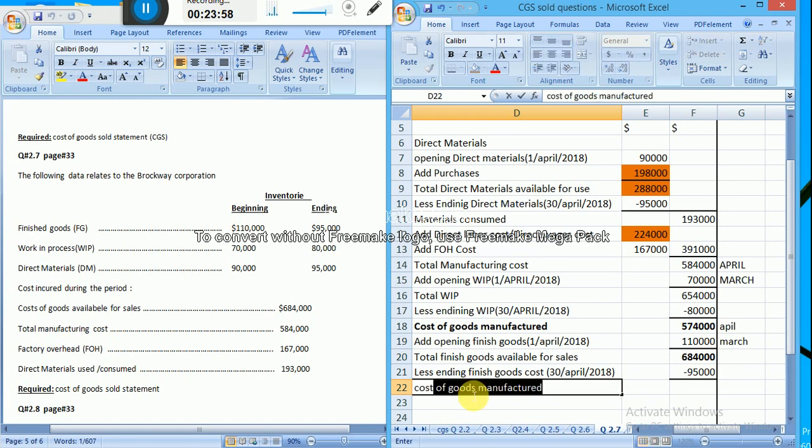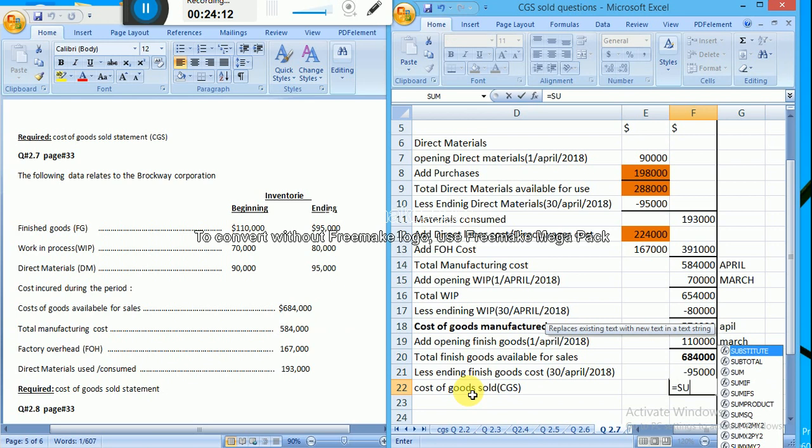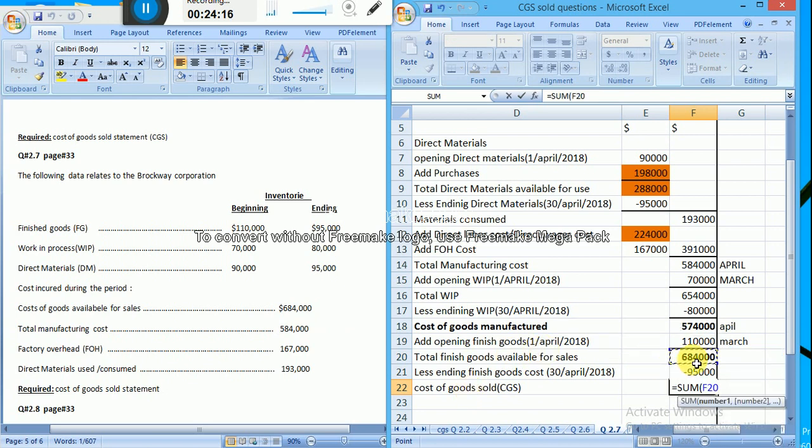So our cost of goods sold amount will be what? This 6,84,000, clear, minus 95,000.